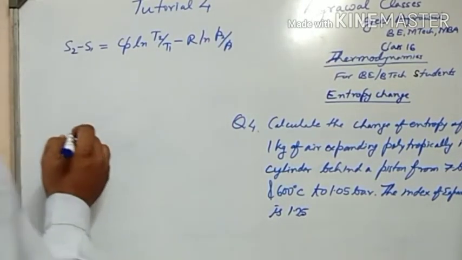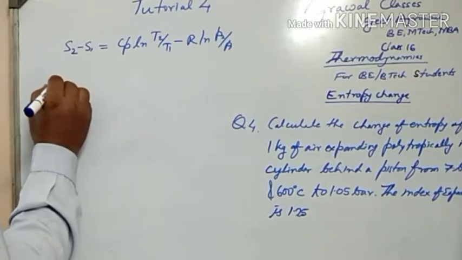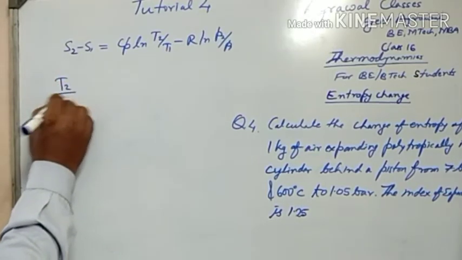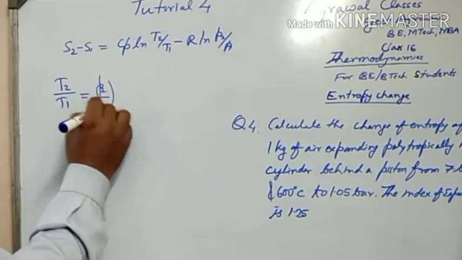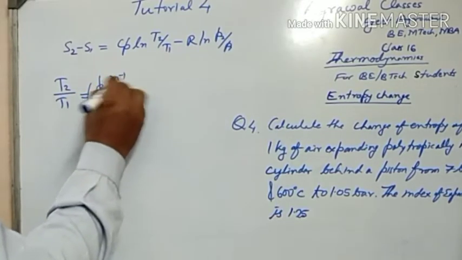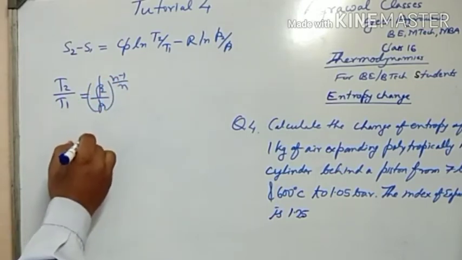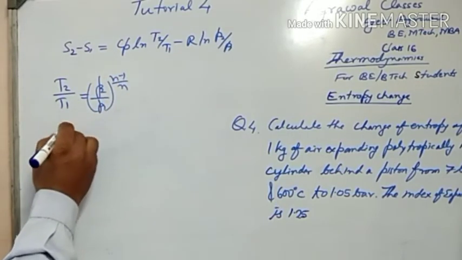To find the temperature T2, we'll use the relation T2 by T1 is equal to (P2 by P1) to the power (n minus 1) upon n. We'll substitute the values.